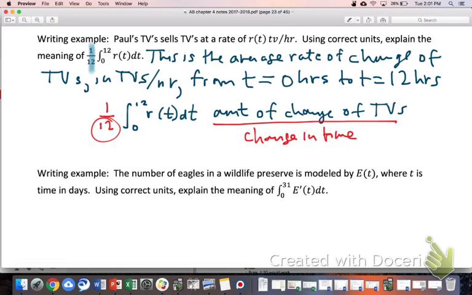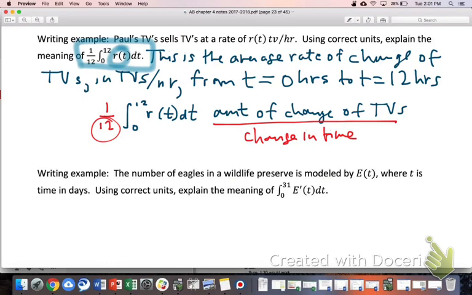Another way to think about it, did you guys notice? This is actually a formula we worked on the other day, isn't it? Isn't that the formula for the average value of a function? So whenever you see that formula, that is the average value of whatever is in there. If the integrand is a rate, that's going to be the average value of a rate.